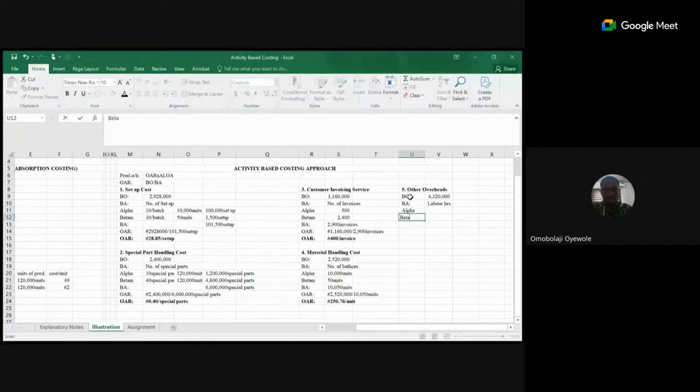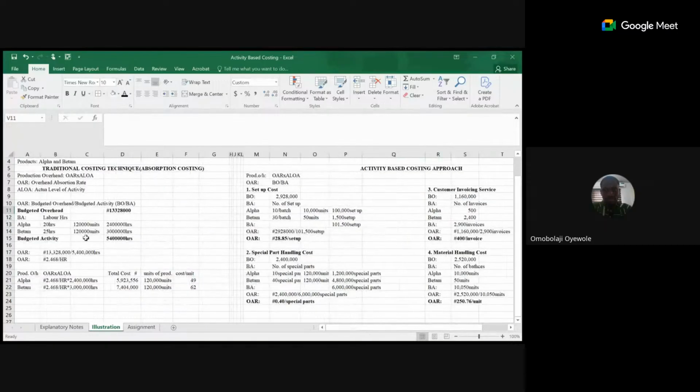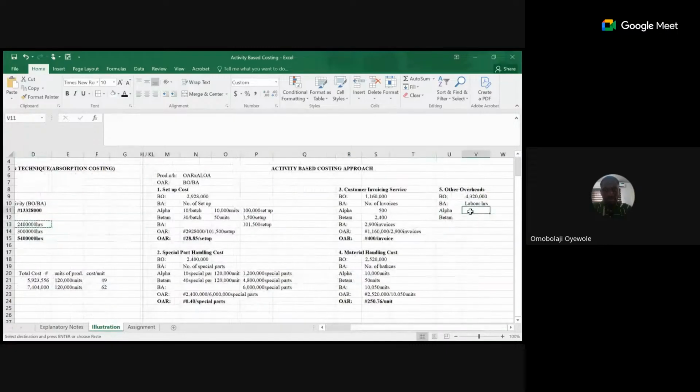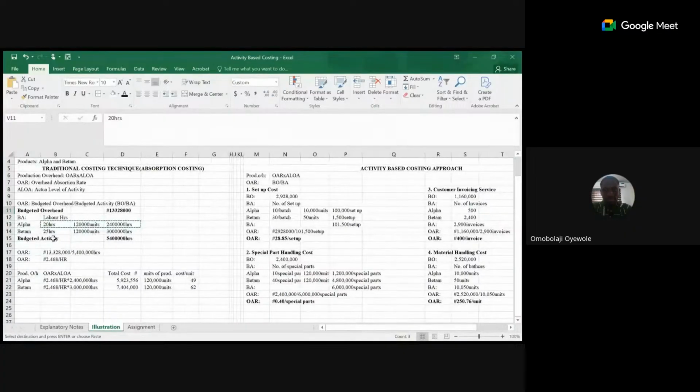So remember, if you remember that when we calculated based on absorption costing, we had our labor hours here. Let me see if I can copy here. Okay, I was able to copy it. I just copied the labor hours here instead of typing it again.